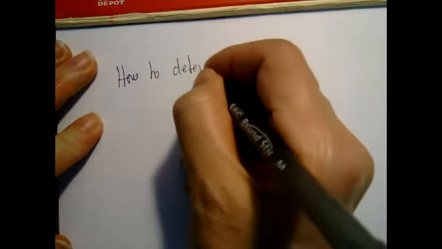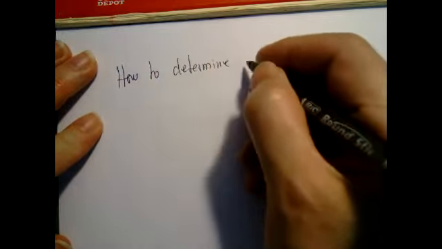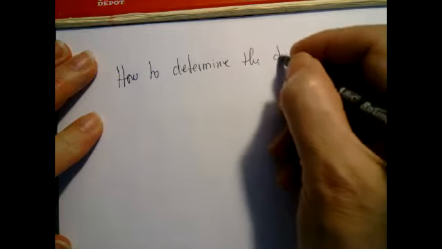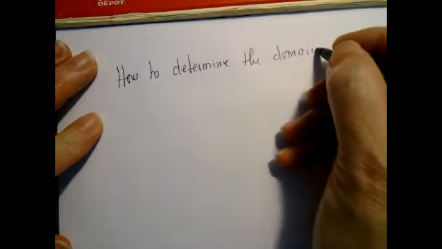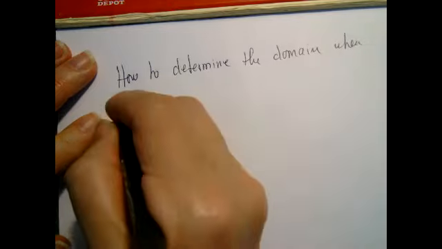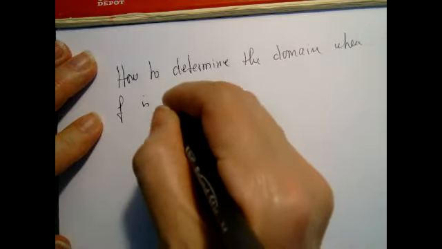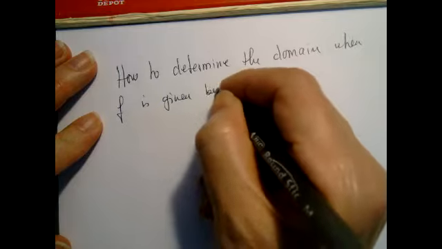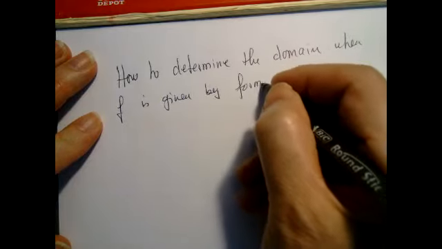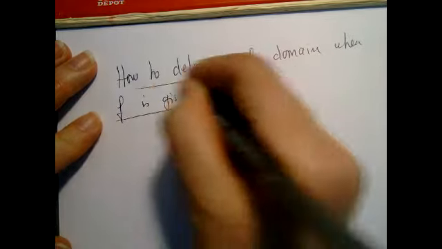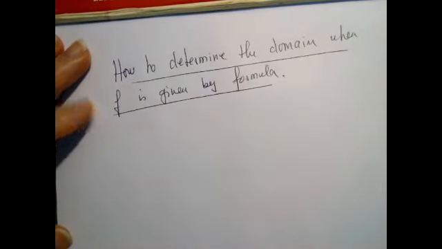Suppose I take the following function. How to determine the domain when f is given by a formula, which becomes a bit more abstract. Okay, so let me take a formula.